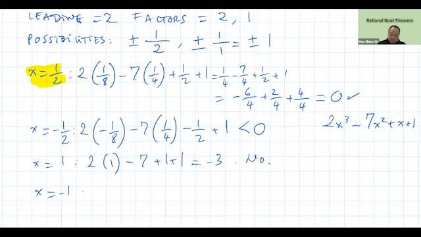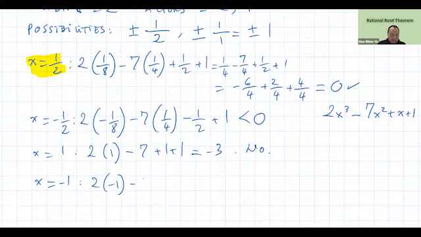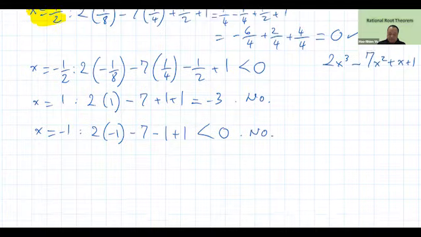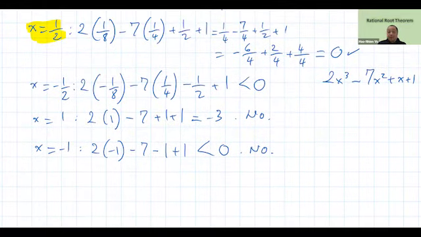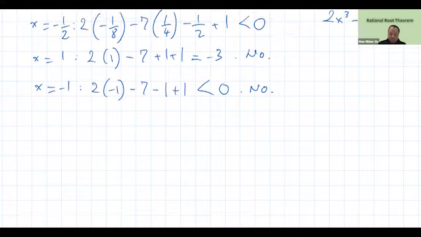So no. X equals -1 is also something negative, so no. Therefore x equals 1/2 is the only rational root.